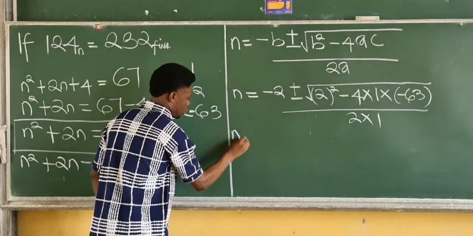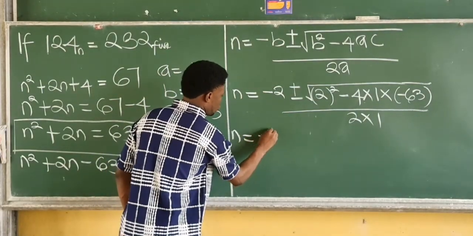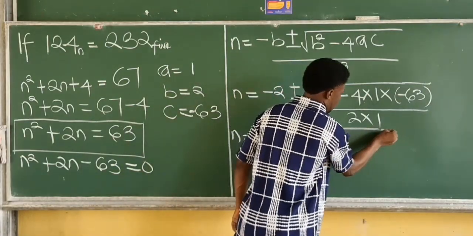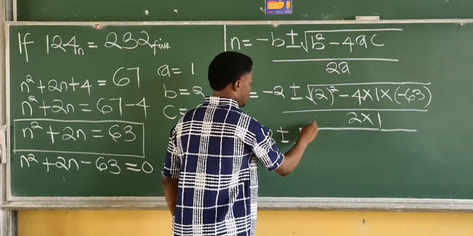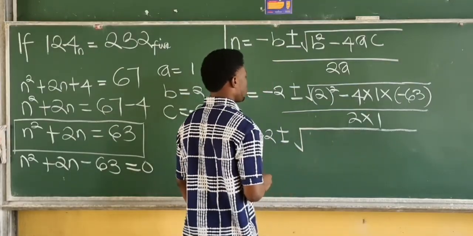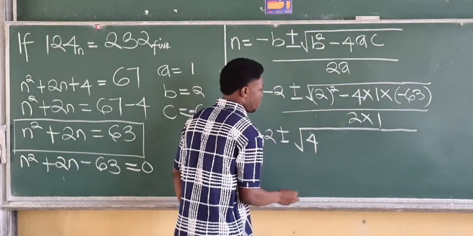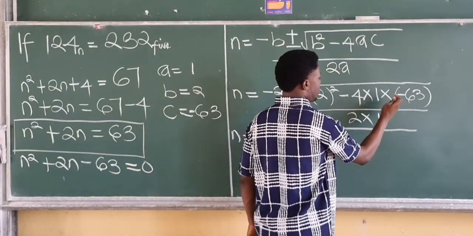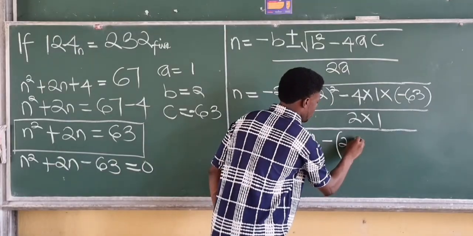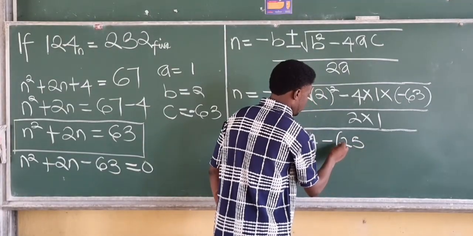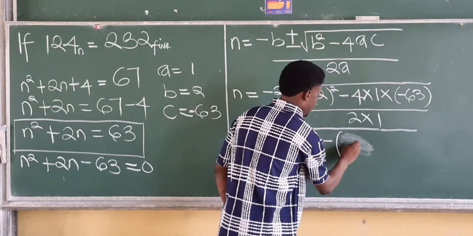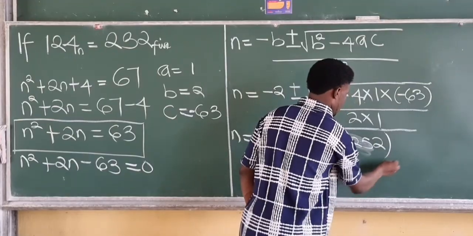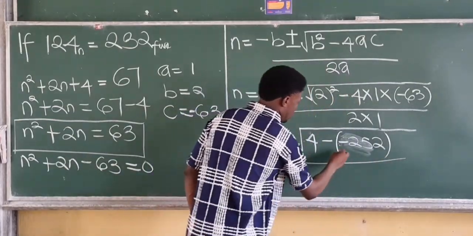Therefore, n equals minus 2 plus or minus square root of 2 raised to the power of 2 is 4, minus, so 4 times 1 times minus 63 gives 252, all over 2 times 1 is 2.